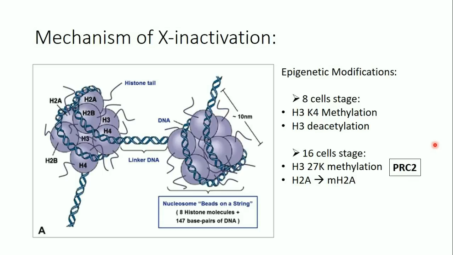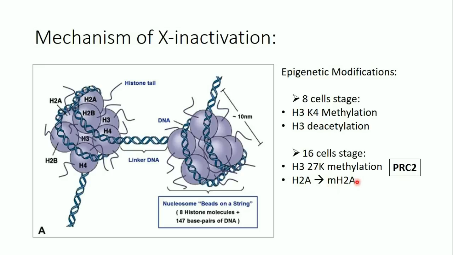So the XIST RNA recruits proteins to undergo these methylation and deacetylation modifications. At this stage, the histone H2A is substituted with another histone called macro H2A, and the process becomes irreversible.